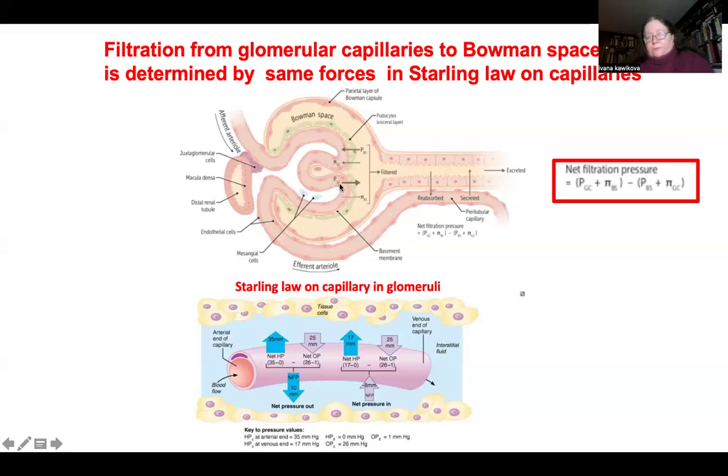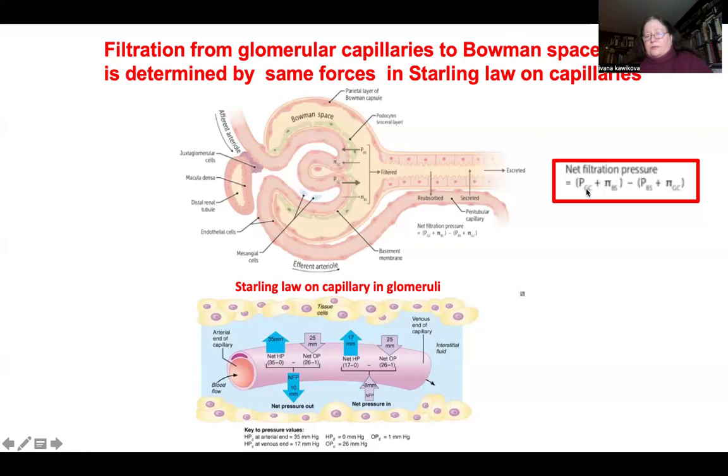So we have the hydrostatic pressure of the blood in the capillary being the outward force, and then we have the oncotic pressure in the Bowman space that is also an outward force.